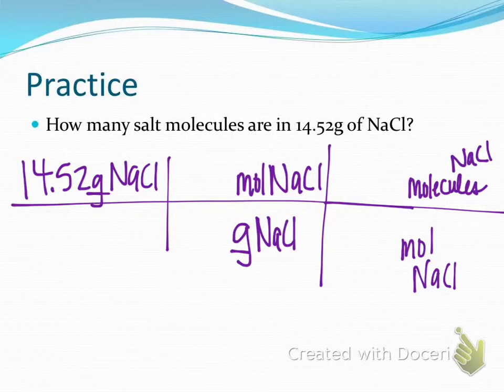What do we know about moles? It always gets the 1. So in both places it gets the 1. What goes in this section of our T-chart here? What goes with grams? Molar mass.